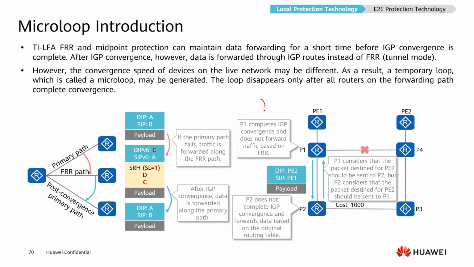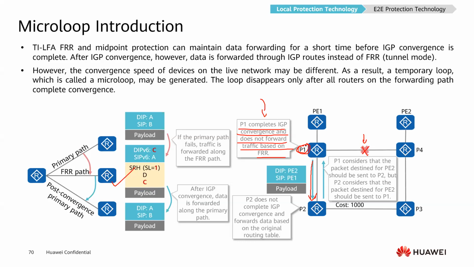For example, P1 completes the IGP convergence and does not forward the traffic based on FRR anymore. P1 does not need to forward the packet based on FRR anymore. At the very beginning, P1 knows the link between P1 and P4 is failed, so it forwards the packet based on the tunnel, based on FRR. During that time, there is no problem.